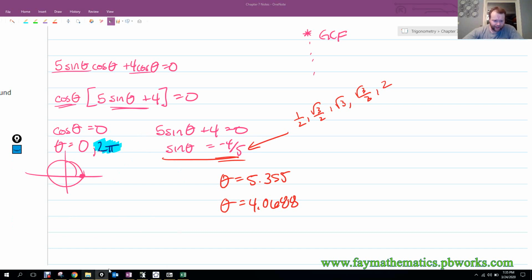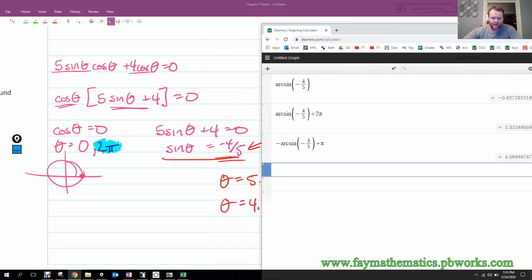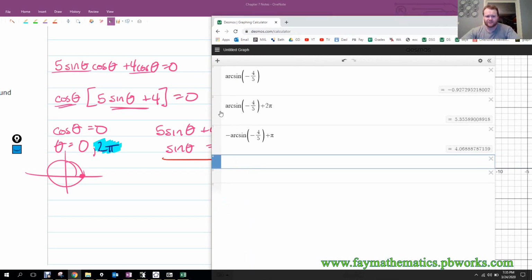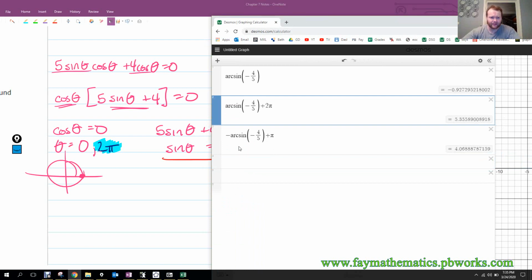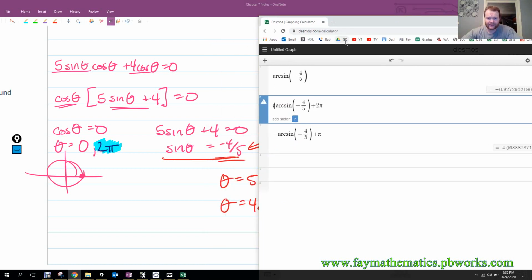So, looking at this set of solutions, let's go back to Desmos. Let's just call this value T. It doesn't matter what letters I use here.